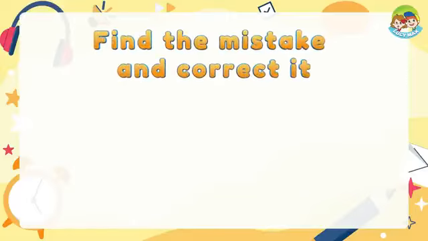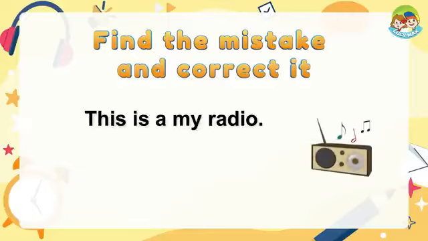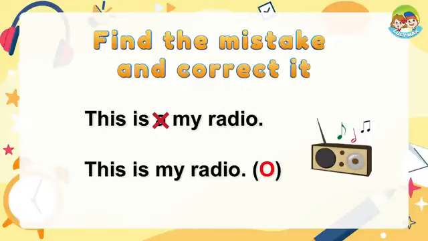Now turn to the Find the Mistake and Correct It section. This is my radio. We do not use articles like a or an with possessive adjectives. The sentence should be, this is my radio.